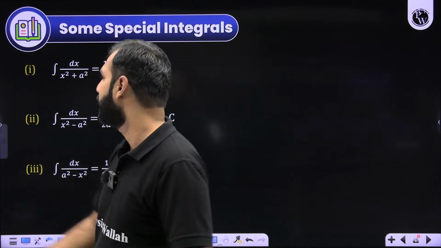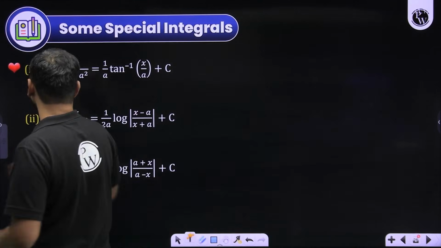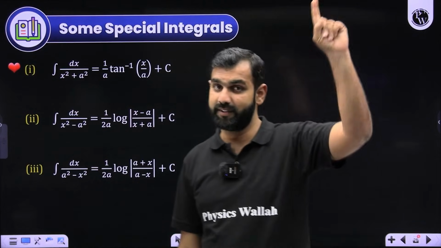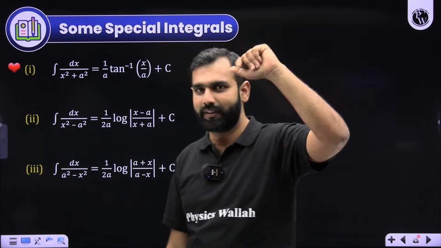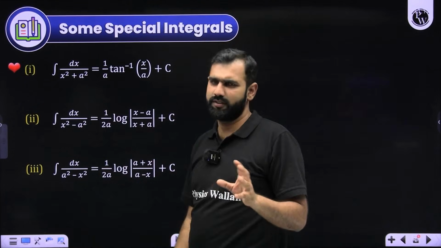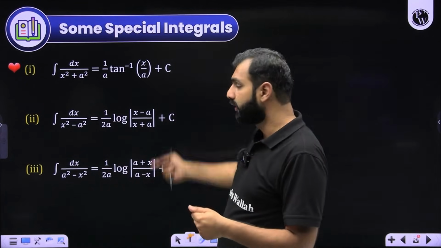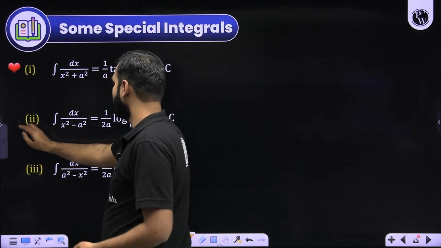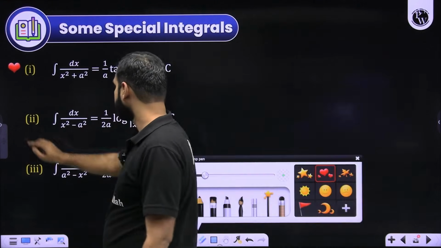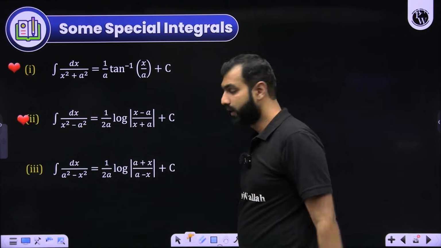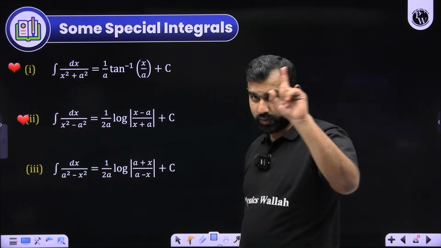For example, when you talk about integration of 1 upon a square plus x square, this is something we have discussed in the first 2 slides as well, that it is 1 upon a tan inverse x upon a. So this is something you must have remembered. But the other 2 matching this one: if I talk about integration of 1 upon x square minus a square, add it to the list of formulae which you are maintaining.